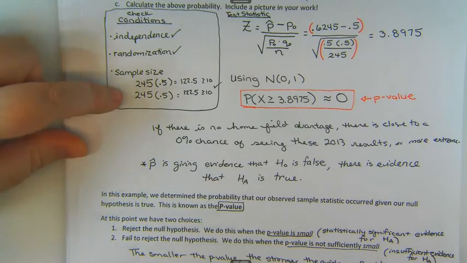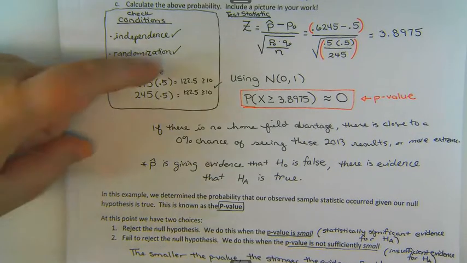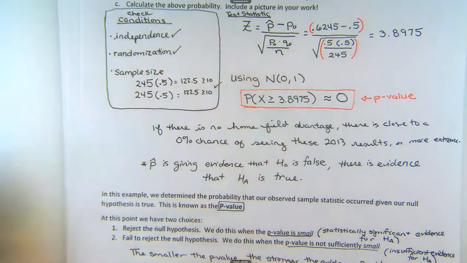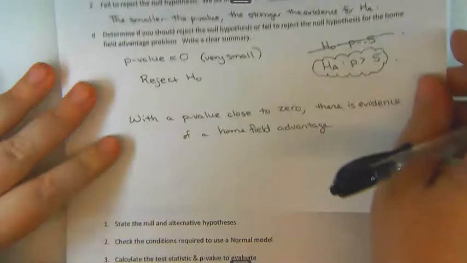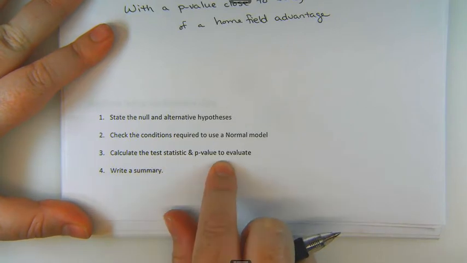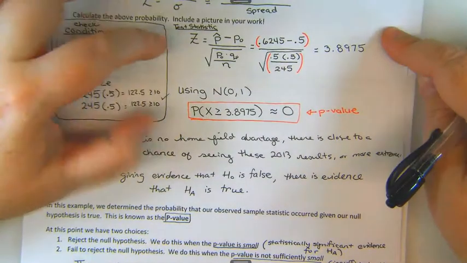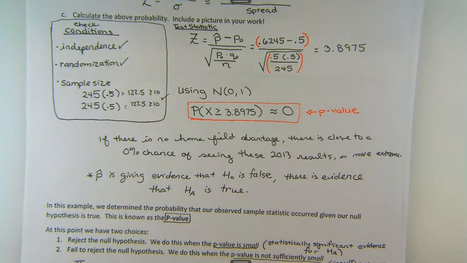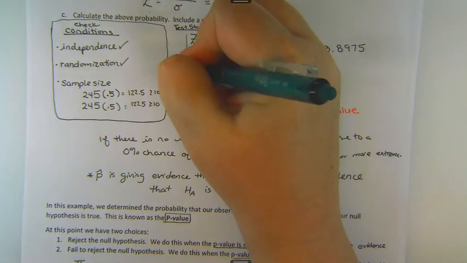And something we're going to throw into this step a little later on is setting up the test, getting kind of a visual of how we'd move forward and finding that p-value. And then we're going to have the step of calculating the test statistic and the p-value to evaluate. And that's what's going to come through with these 2 pieces. Calculating our test statistic will come through with this formula right here.